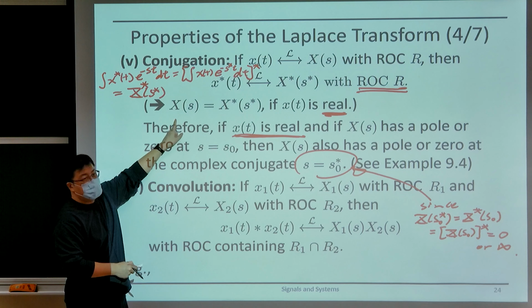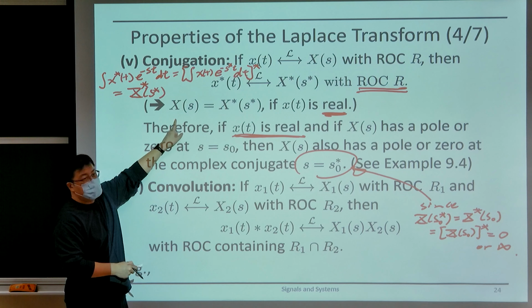Suppose you have two signals x1 and x2 with transforms capital X1 and capital X2 and ROCs capital R1 and capital R2. When you take the convolution of the time domain signals, then in the s domain it would be the multiplication of their corresponding Laplace transforms. For this to hold, x1 must hold, which means that s should belong to R1, and x2 must also hold, which means that s should belong to R2.